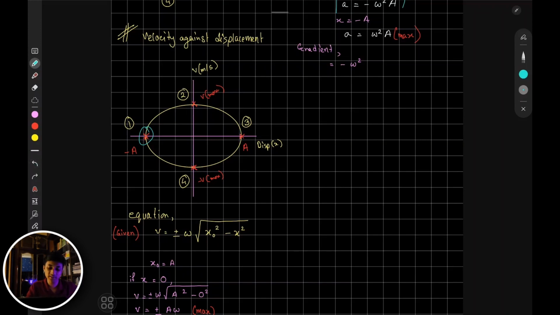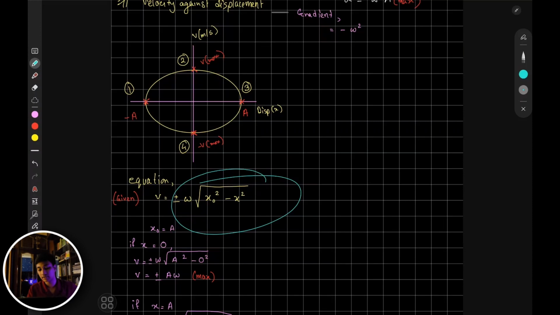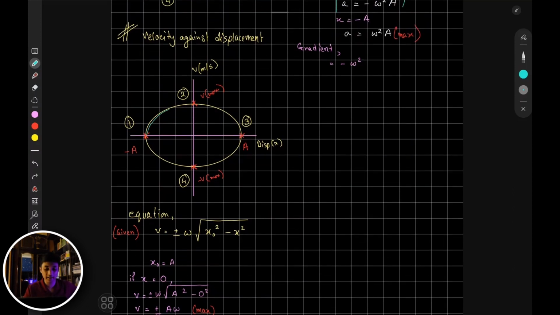Great. So with this information and this equation, if you have to draw a curve, it's going to be an ellipse. So from this, you should remember that when you're supposed to sketch a curve for velocity against time, it's always going to be an ellipse. Why? Because it is continuously coming back to the same speed, same velocity.